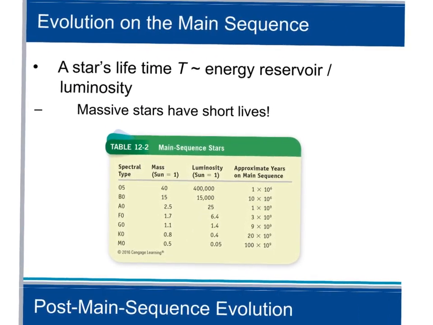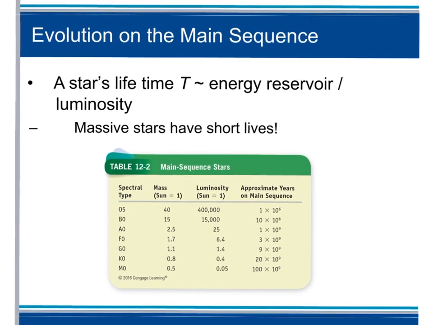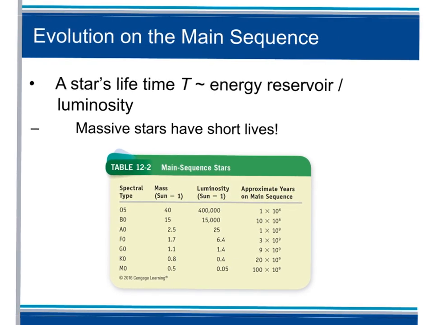So a star's life, or a lifetime, is really decided, and this is an approximation. That means approximate. It's a little tilde sign, and it's approximate as opposed to equal. So the star's lifetime is approximately equal to the energy reservoir divided by its luminosity.